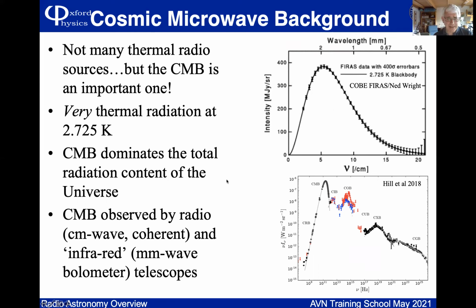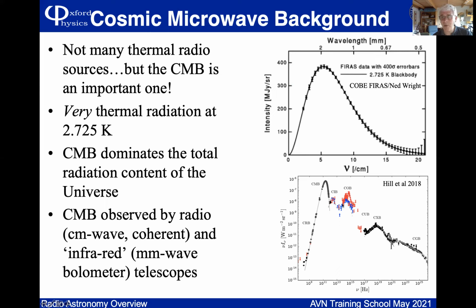And the CMB is actually the brightest thing in the universe. If you look at the average brightness of the sky over a wide range of frequencies, all the way from radio all the way up to gamma rays, you can see, so this is here the cosmic optical background.